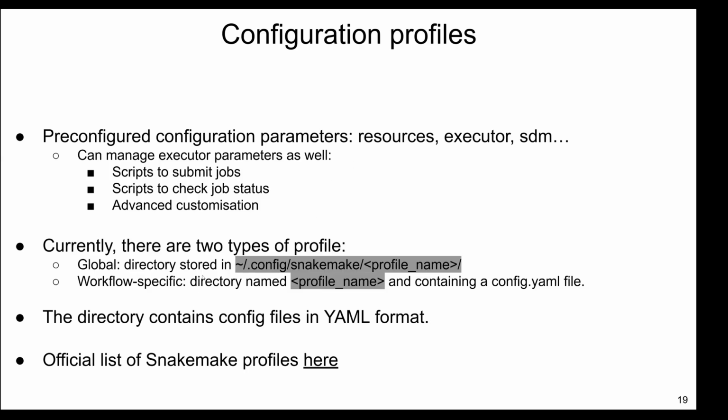As a general rule, we tend to prefer workflow-specific profiles because they're easier to manage and also more adequate to manage resources. All these directories will contain files in YAML format that we saw earlier, and here you have a link to an official list of all the Snakemake supported profiles.